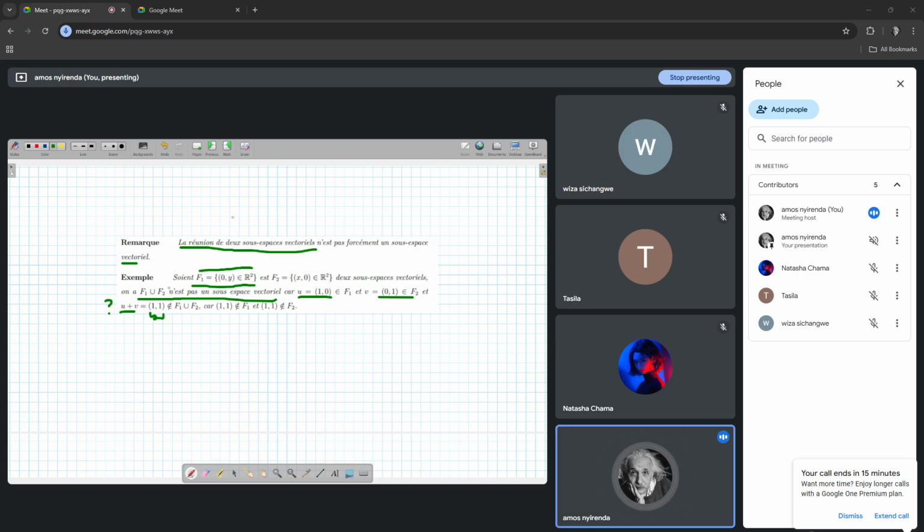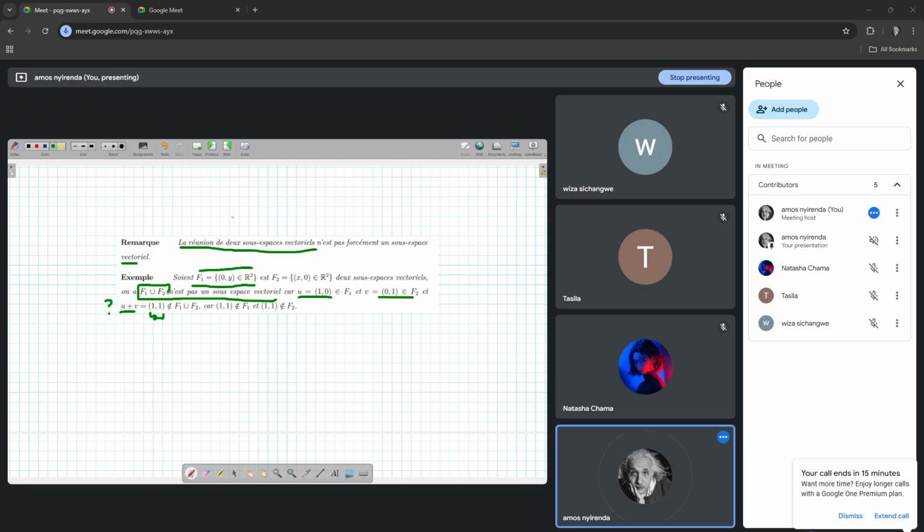And so it cannot be a member of F1 union F2. And so we see that there's no stability here in general. And so the union of two subspaces in general is not going to be a subspace.